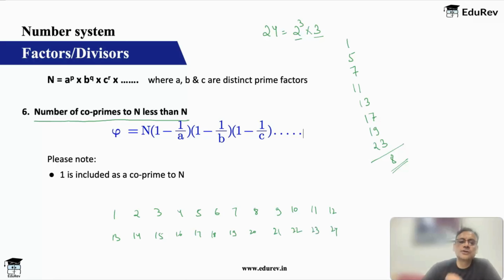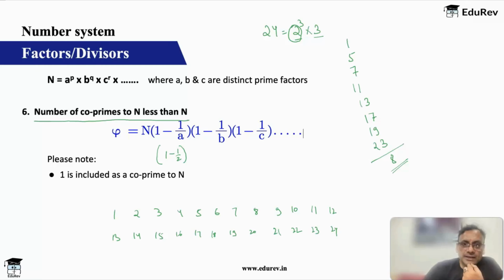What the formula says is that every second number will be a multiple of 2. Here again, power does not matter, so you can forget the power. Every second number will be a multiple of 2. So when I do 1 minus 1 by a, which means 1 minus 1 by 2, I am removing every second number and I am taking the balance.